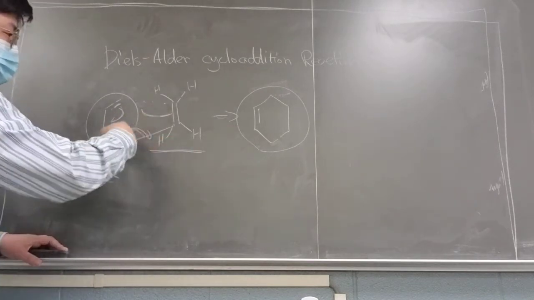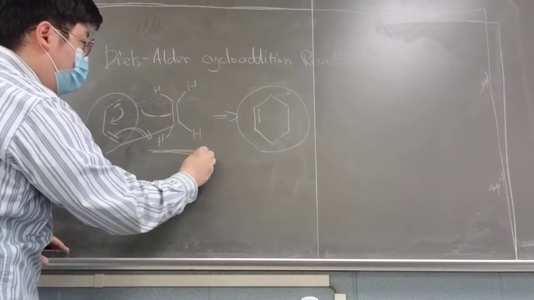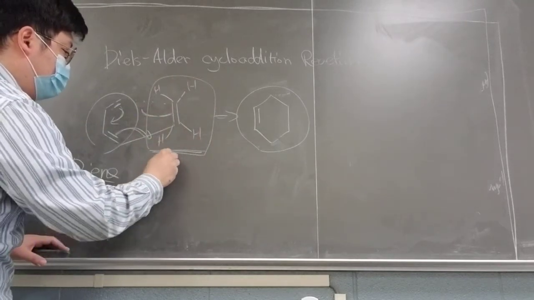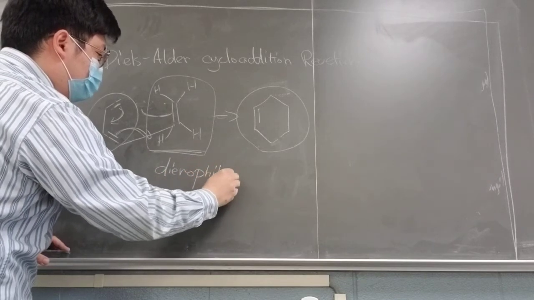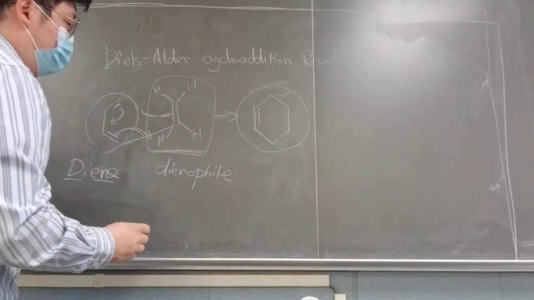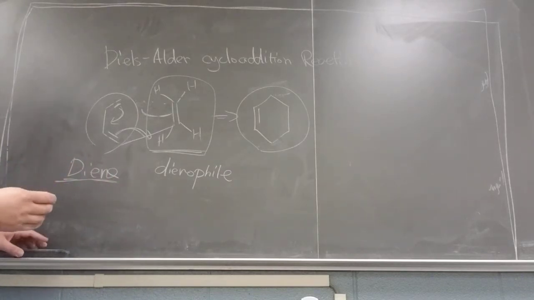Whenever it does this Diels-Alder cycloaddition, we call this the dienophile, meaning they love diene. That's why we named it dienophile.